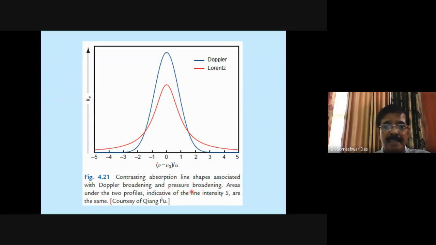The areas under the two profiles, under the blue and red profiles, are indicative of the line intensity S, and this area is the same. The total area under the blue curve or the red curve is the same. So this is the Doppler broadening and the Lorentz broadening.